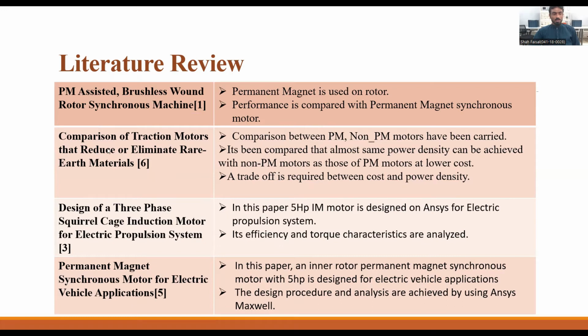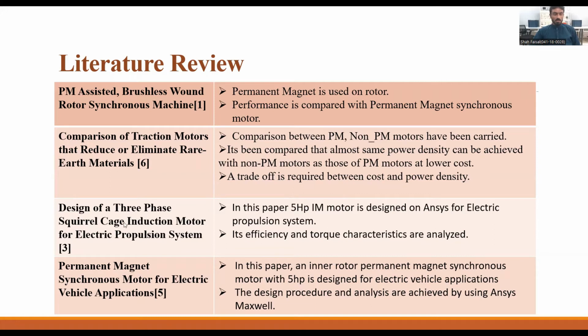In the second paper, Comparison of Traction Motors That Reduce or Eliminate Rare Earth Materials, non-PM motors and PM motors are compared, and almost the same power density can be achieved with non-PM motors as with PM motors. A trade-off is required between cost and power density.